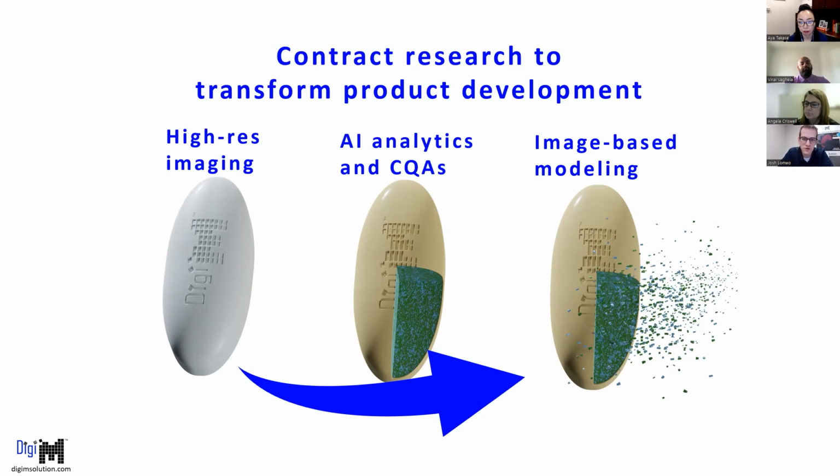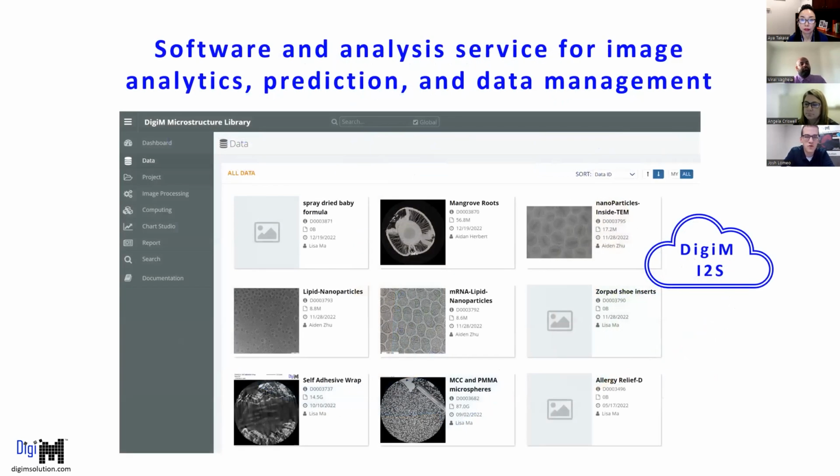We do also have a software platform, DigiM I2S, and this is a pathway for image analysis, prediction, and data management, all in one cloud-based platform, to really make sure we're making the most use of our micro CT data and extracting meaningful quantitative data from it. And with that, I will pass it back over to the Rigaku team.